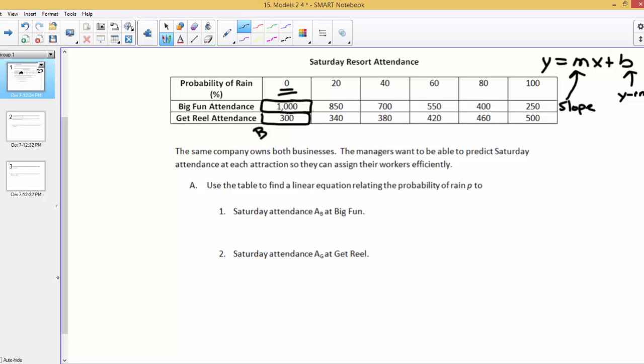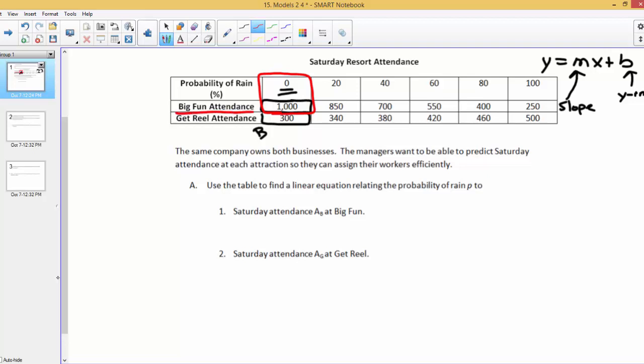So essentially you're going to pick any two ordered pairs and do the change in y over the change in x. So one of the ordered pairs you might want to pick would be the 0. And then as you can see, we're just looking at the Big Fun.